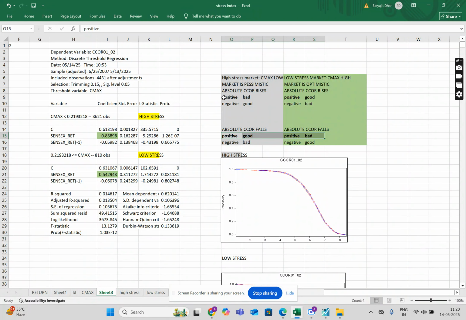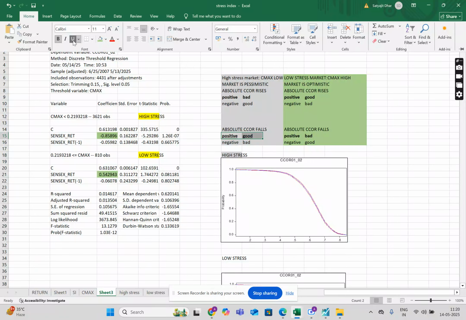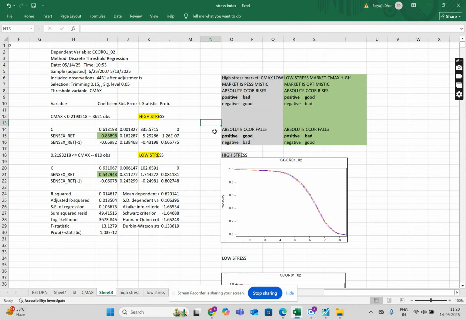That is when the market value is pessimistic. So we have this condition, the one that I have underlined. Please look at this.